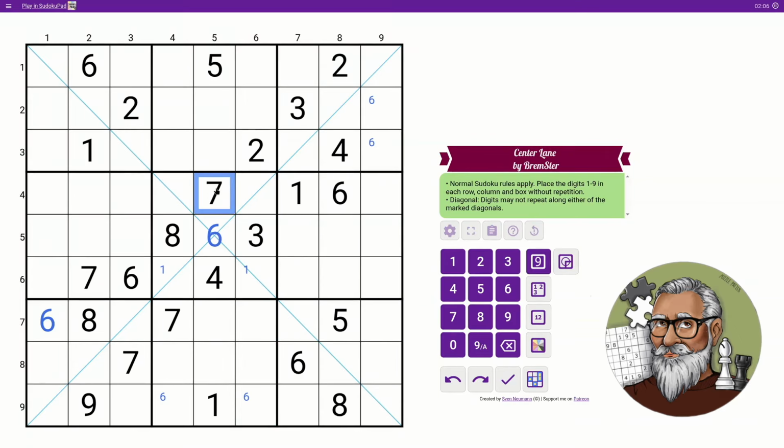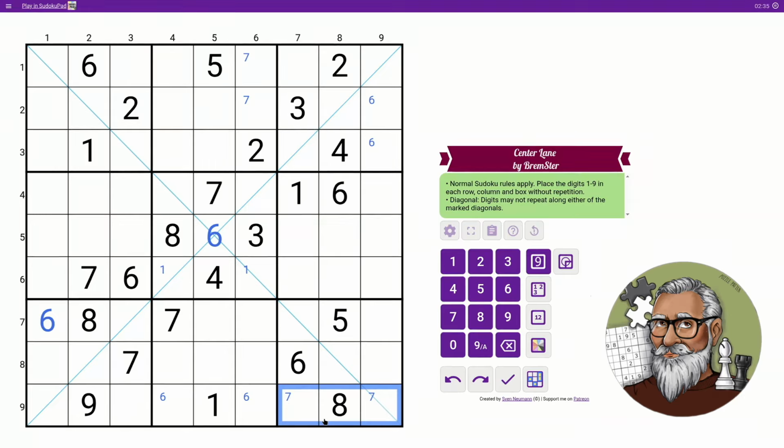Okay, 7. One of these is a 7. Box number 8, one of these has to be a 7 since we already have 7s in rows 7 and 8. Well, this one can't be 7, of course, because it's already filled in. SudokuPad would let you pencil mark even if you've selected one that's already filled in.